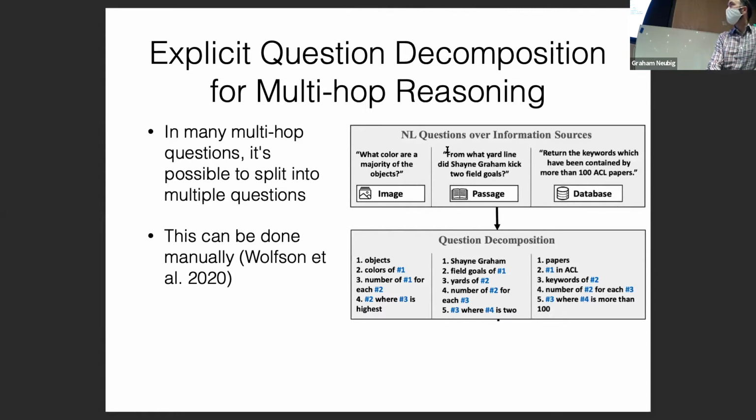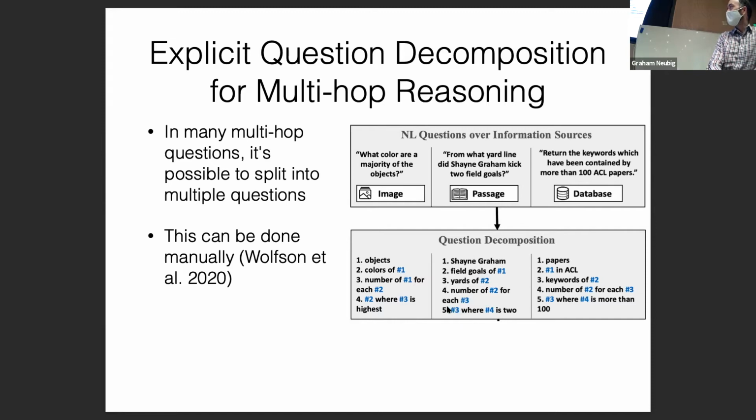So to take an example, from what yard line did Shane Graham kick 2 field goals? You start out with Shane Graham. Then you find the field goals of Shane Graham. You find the number of yards of the field goals of Shane Graham. Then you find the number of yards of field goals for each field goal of Shane Graham.